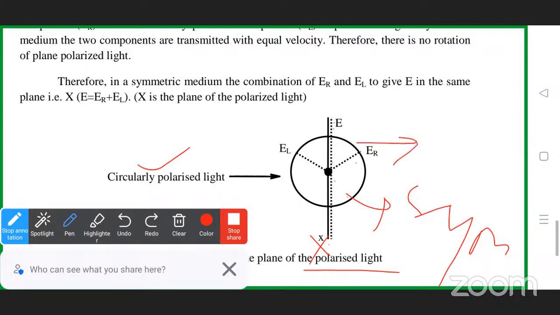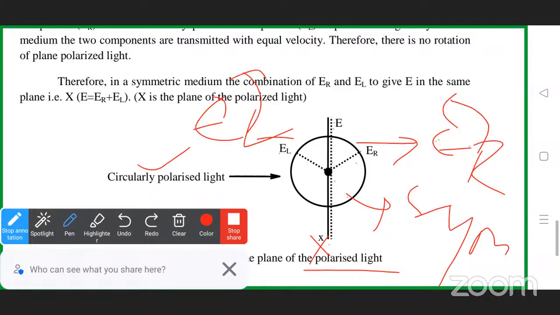Here E is the energy, E_R on the right side and E_L on the left side. R stands for right, L stands for left, and E stands for the light, meaning the energy, because light is a form of energy. Because this medium is a symmetrical medium, it means achiral.